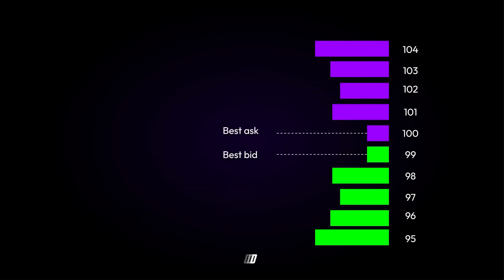And we call the closest bid and the closest ask to the current price the best bid and the best ask. So the best ask is the best possible price at which there's at least a seller available in the book. The best bid is the best possible price where there's at least a buyer in the book.